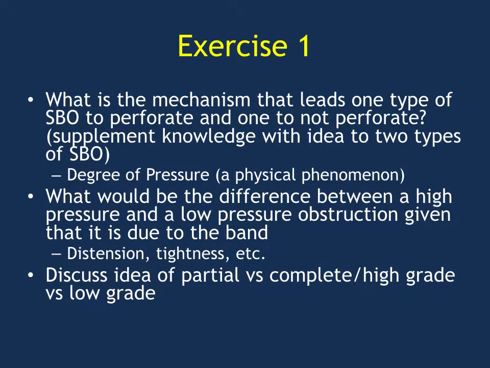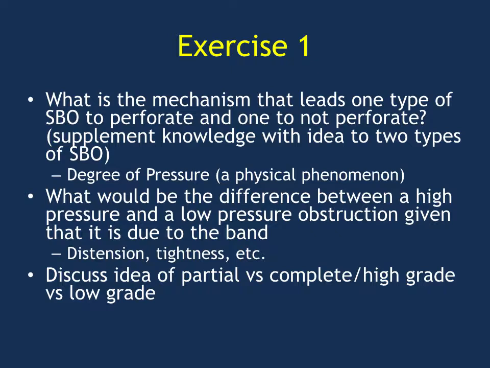So for our first exercise, we should encourage a discussion on what is the mechanism that leads to one type of small bowel obstruction to perforate and one not to perforate. This is where I think we need to supplement our learners' knowledge with this idea of partial versus complete.